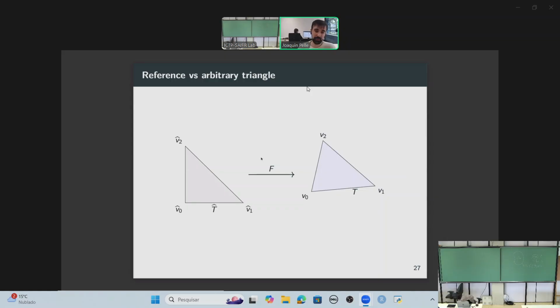And we know that there is a mapping between the two. In particular, that there is an affine mapping, which is essentially a linear transformation composed with some translation, right? This is what an affine map is.